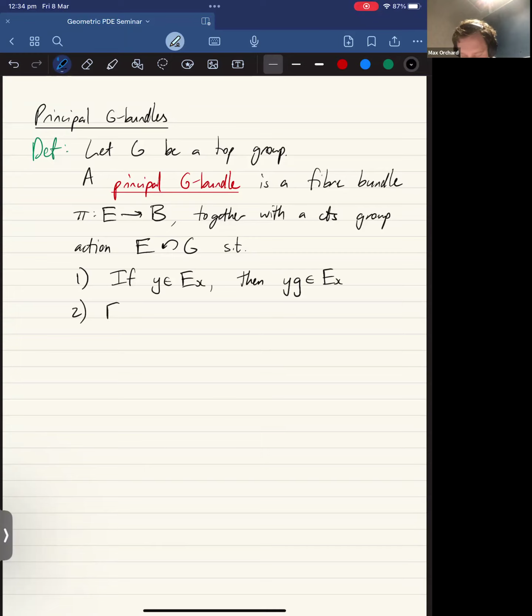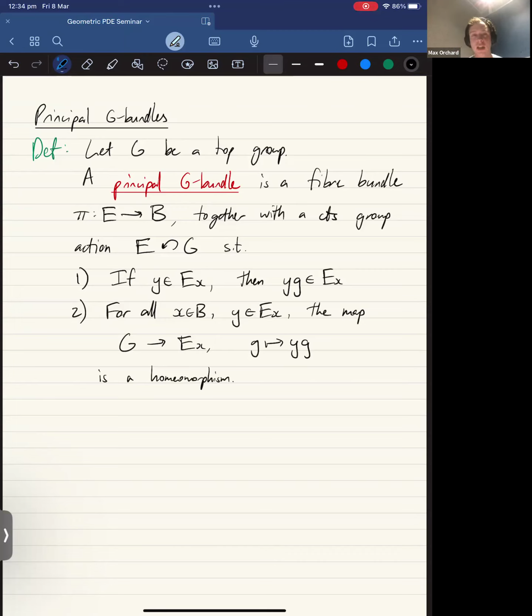Now, second, if we look at every fiber and every point y in the fiber, if we fix those, the map that goes from our group to our fiber and sends g to yg is a homeomorphism. So essentially, our fibers are actually homeomorphic to G. Now, note that they won't necessarily have a group structure. We're not saying that this is some sort of group structure preserving map. We're only preserving the topology.